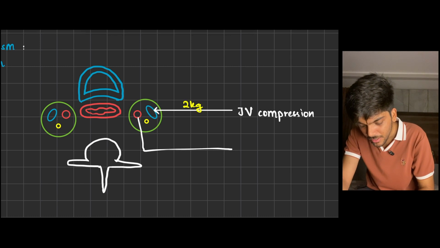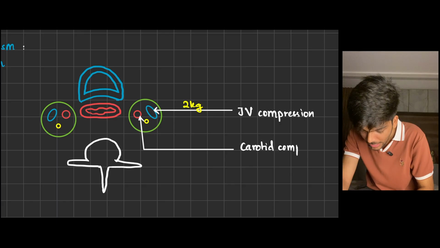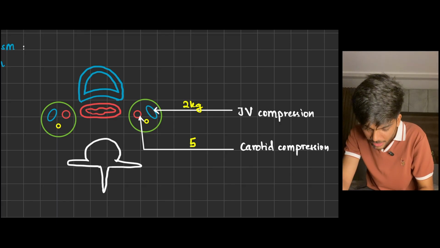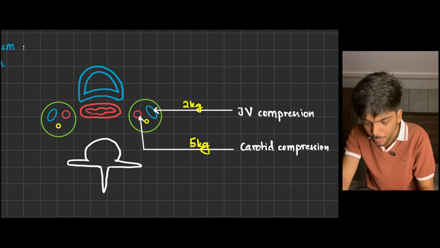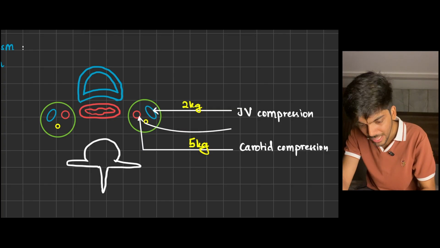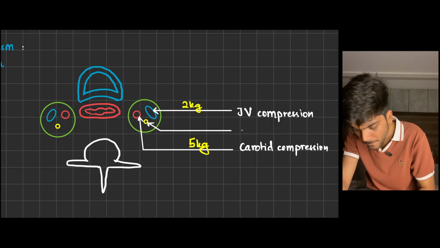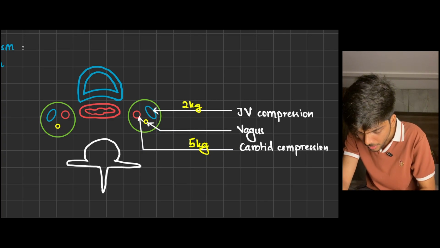Medial to that is the carotid artery, and its compression requires a little more, that is 5 kg of force. Then posteriorly is the vagus nerve, which can get compressed as well.